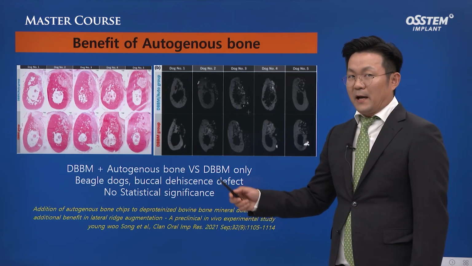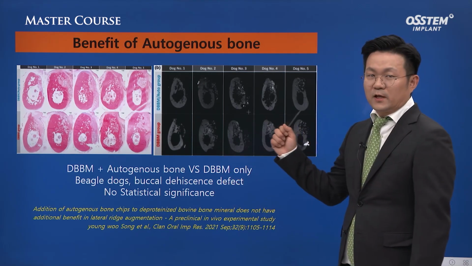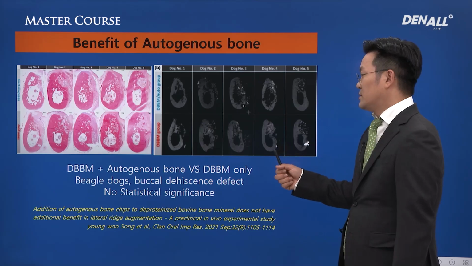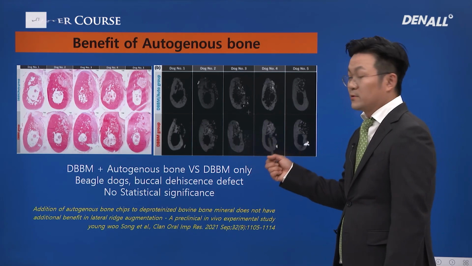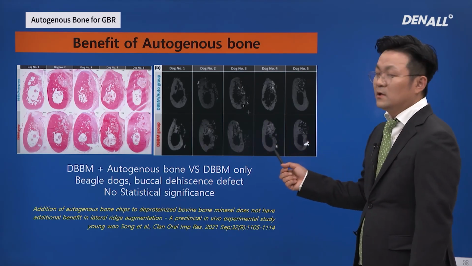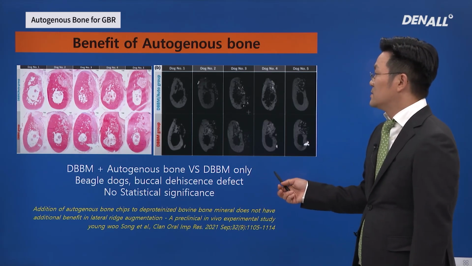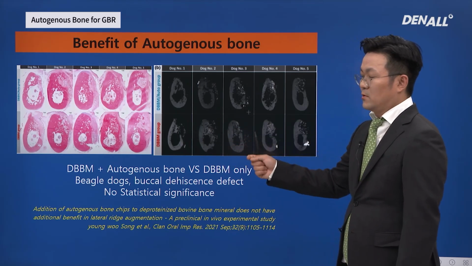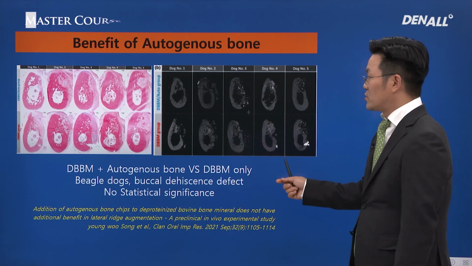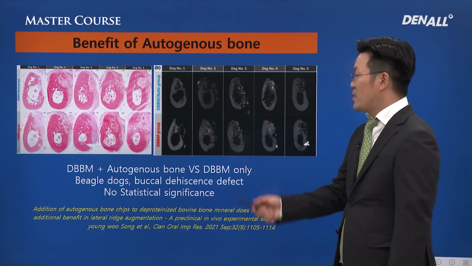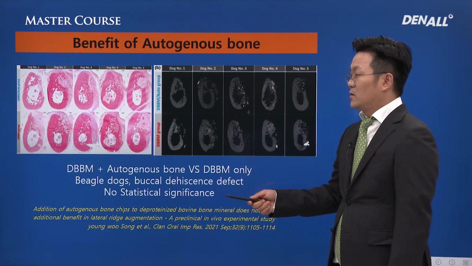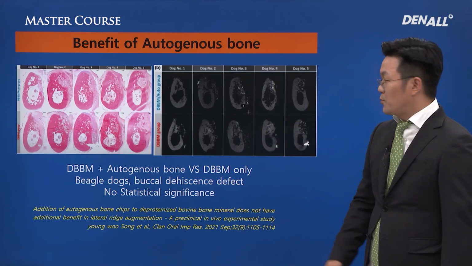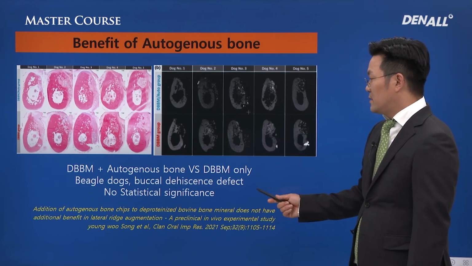In one arm, Bio-Oss was used. In the other arm, autogenous bone and Bio-Oss were mixed together, and GBR was performed, and the site was covered by membrane and fixed with bone tacks. After sacrificing the animals, histology analysis was performed.